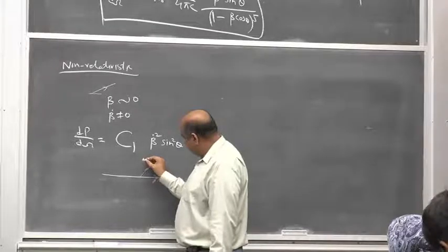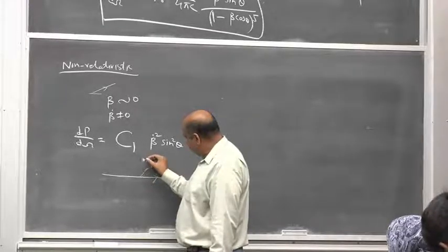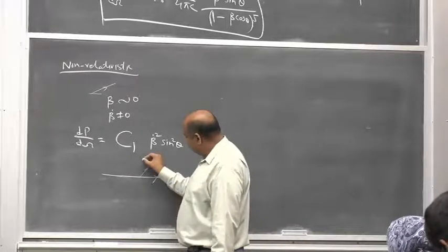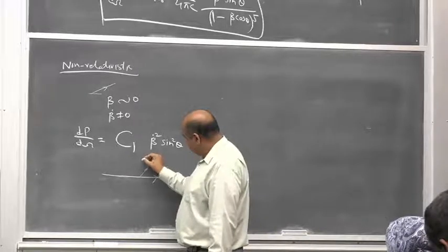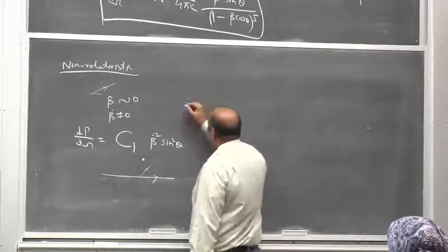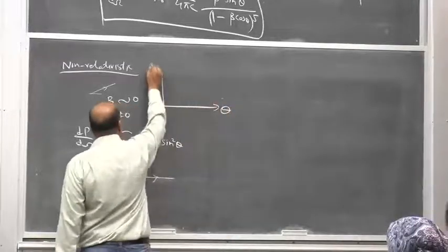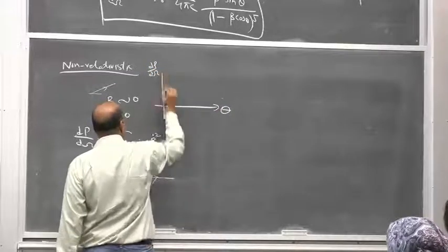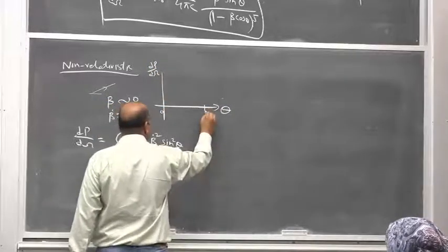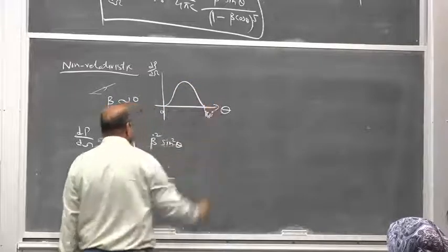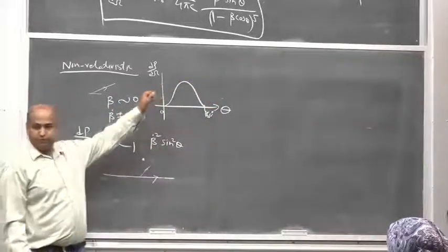And as we come from 90 degrees to either this way or this way, the magnitude begins to decrease. So अगर आप प्लॉट करें नॉर्मल एक्सेस में जो आप करते हैं, so then 0 to 180 it is very easy to plot that. It's like this. It's the sine square, right?